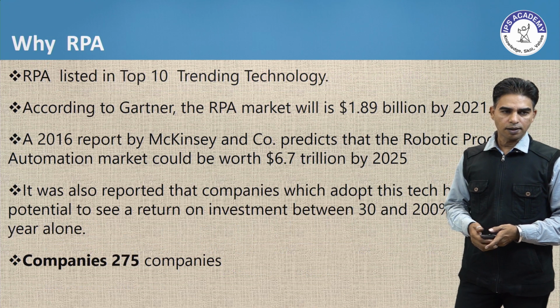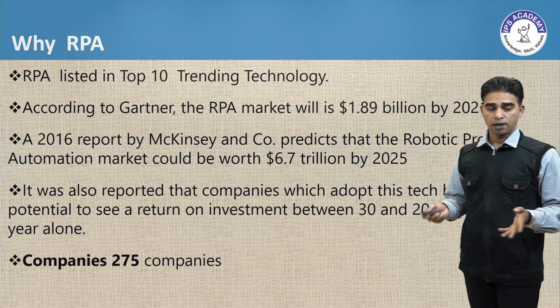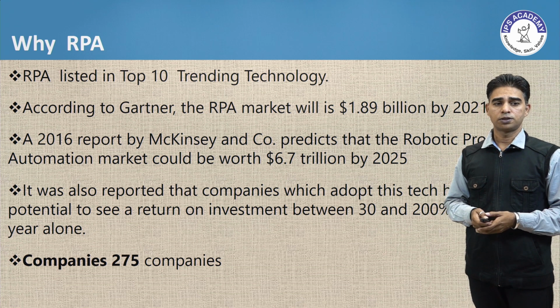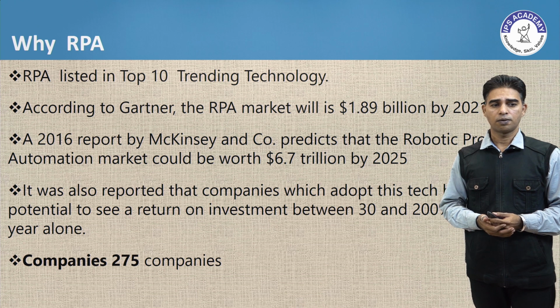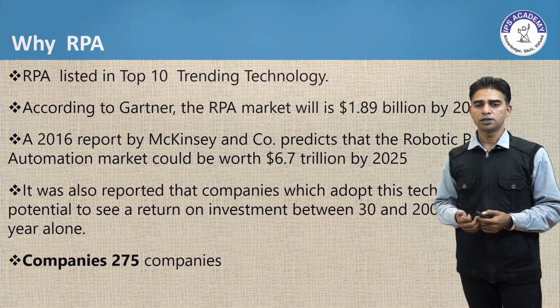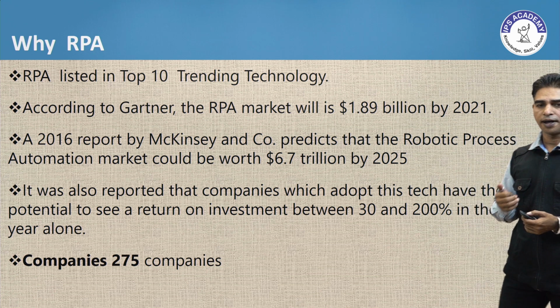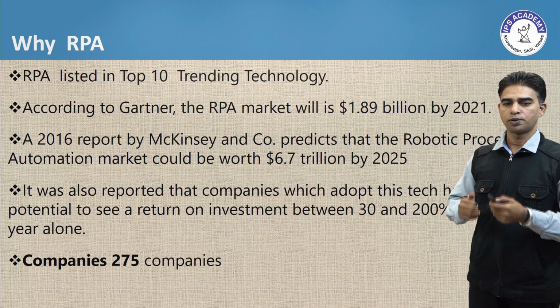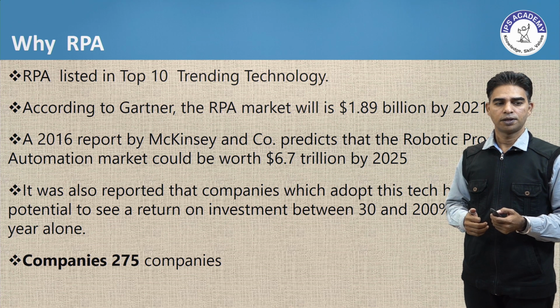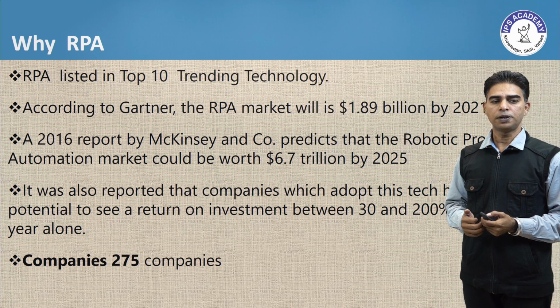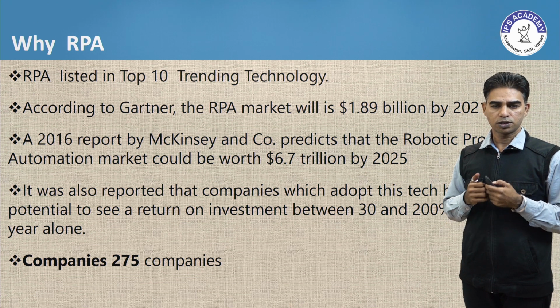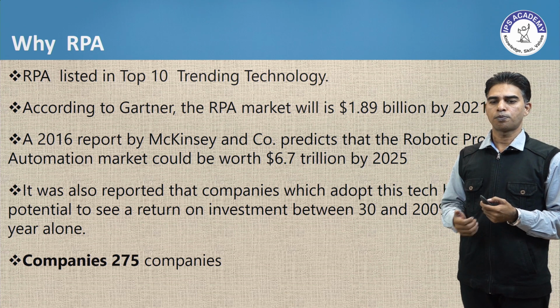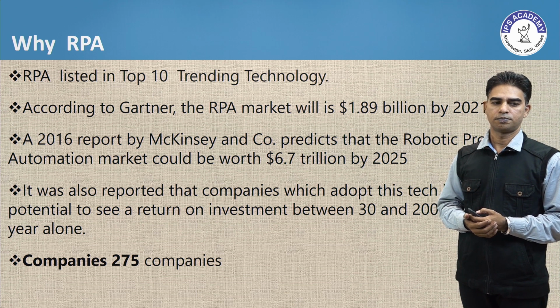So why RPA? Another reason is that this is one of the top 10 trending technologies nowadays. According to the RPA market, it was 1.89 billion in 2021, already done. In 2025 it is projected to be $6.7 trillion.